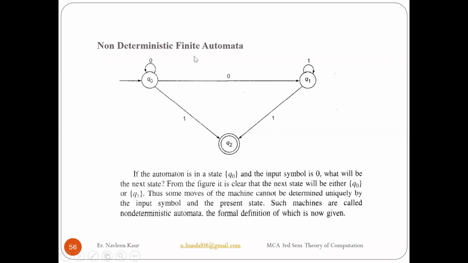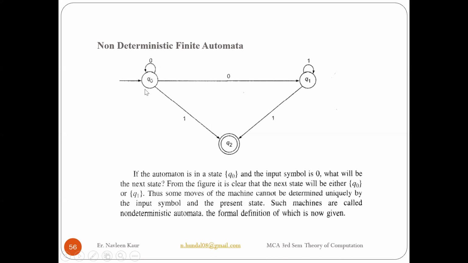So it means that for input 0, there are two chances for the next state. What are the two chances? Either for 0, you can come back to Q0, or for 0, you can also go to Q1. So for one single input, Q0 shows you two transitions to two states.